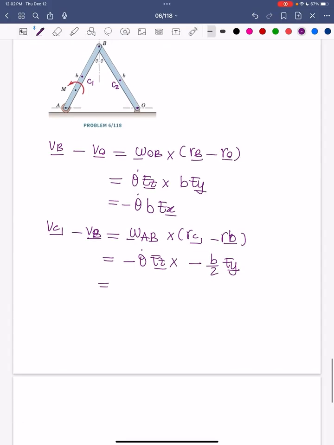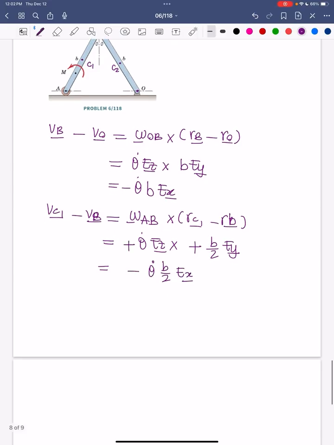So that's minus theta dot B over 2 EX, right? Because plus plus and then EZ cross EY is minus EX. So then we have VC1 is minus theta dot B EX minus theta dot B over 2 EX, which is minus 3 over 2 theta dot B EX.